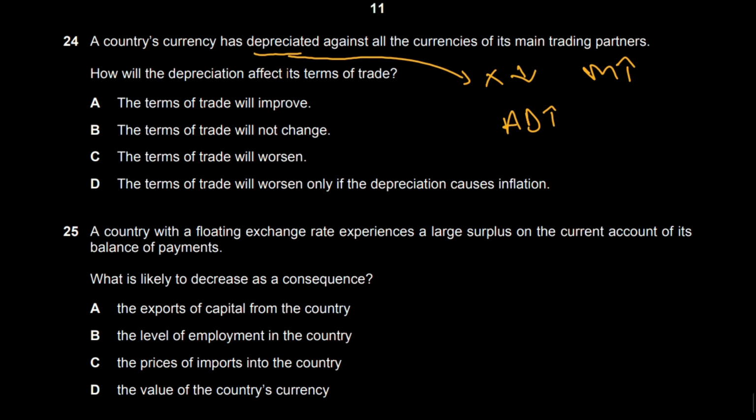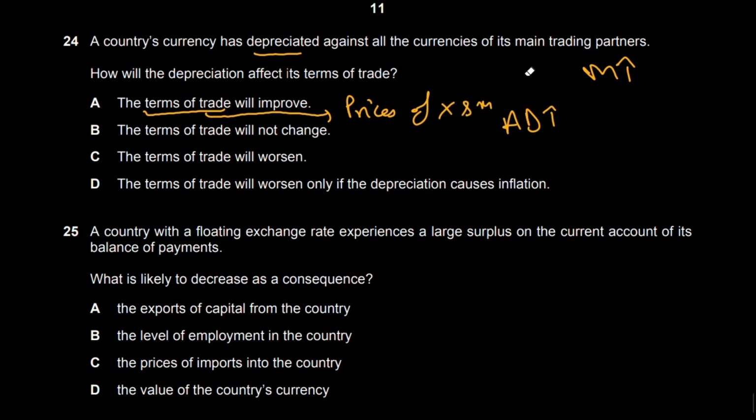Whenever we are talking about our terms of trade, as I told you before, we just refer to the prices of exports and imports. We don't talk about the value or the quantity or the quality or revenue, whatever. We only talk about prices. So basically, it will not improve the terms of trade.